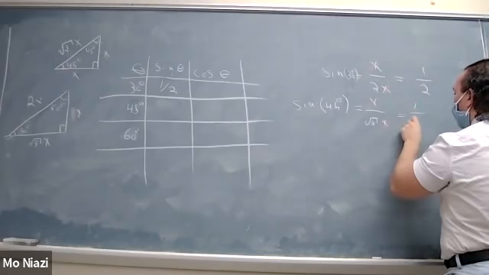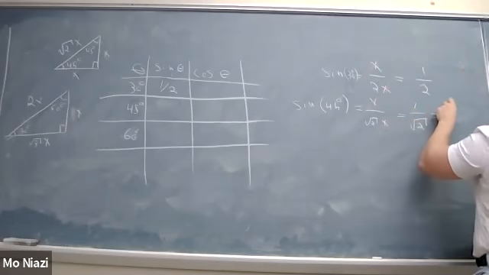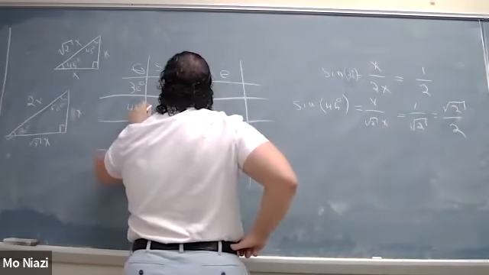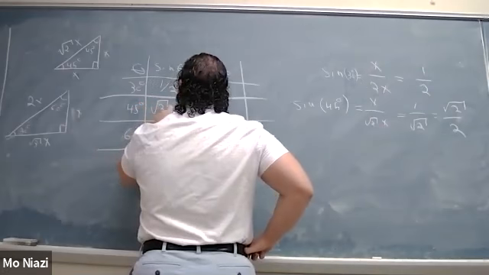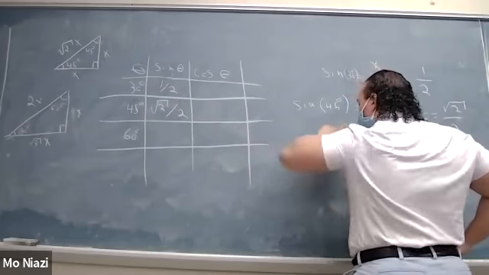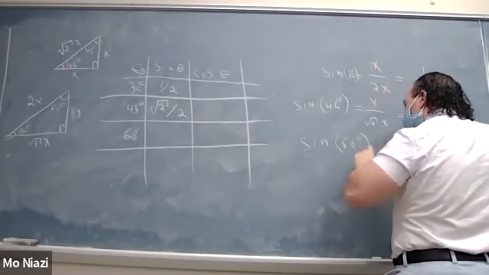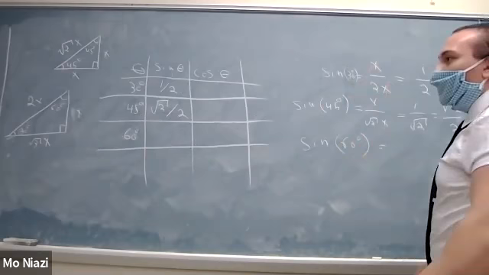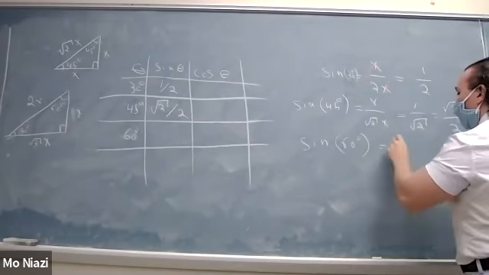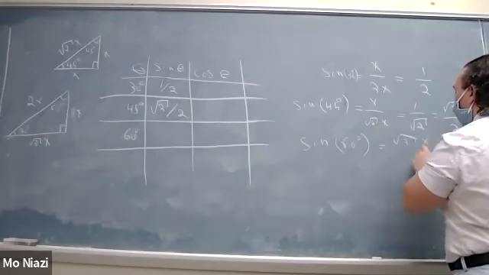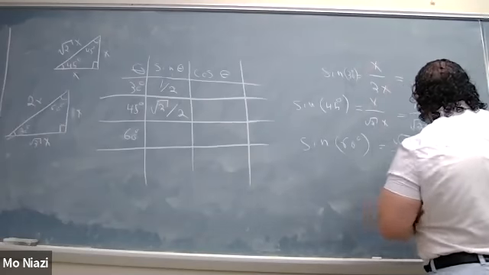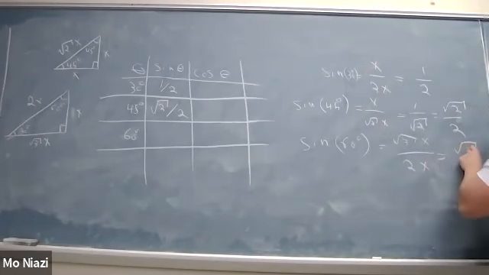You get a 1 over what? And when you rationalize the denominator, you get root 2 over 2. So over here, we're going to have a root 2 over 2. So what is the sine of 60? Square root of 3x over 2x. X's cancel. So this is just root 3 over 2.